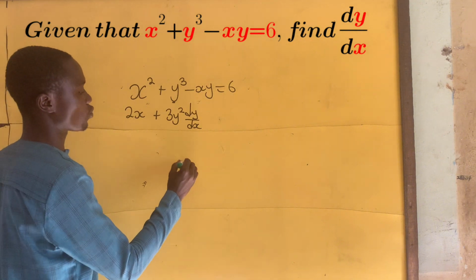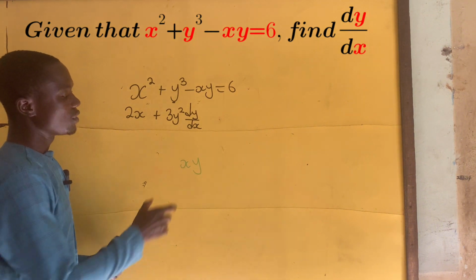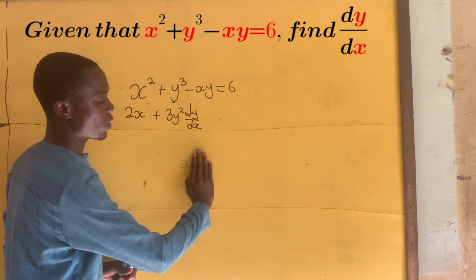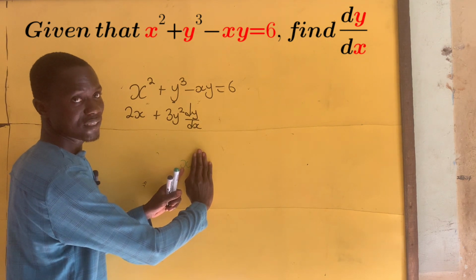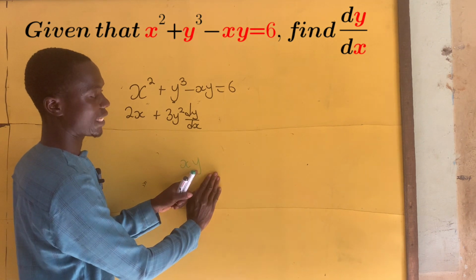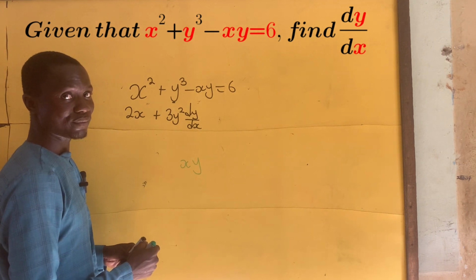So I have xy here. So I'm going to use the product rule. For the product rule, you cover this one and differentiate this. So if you differentiate x with respect to x, you get 1 times y, which gives you y. Very simple.